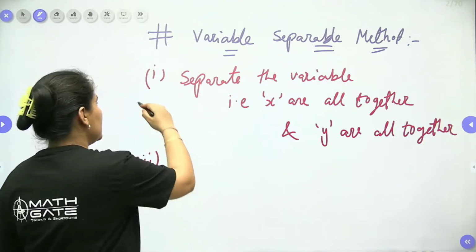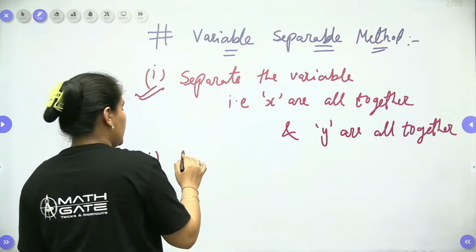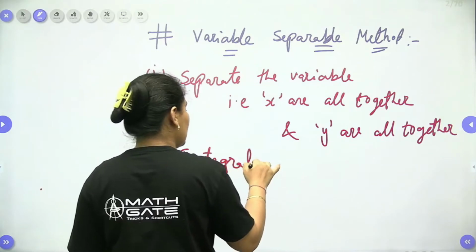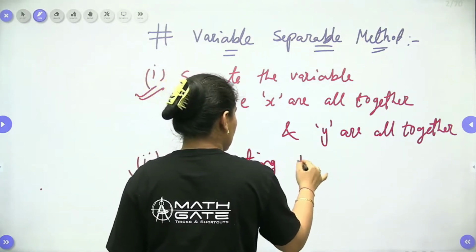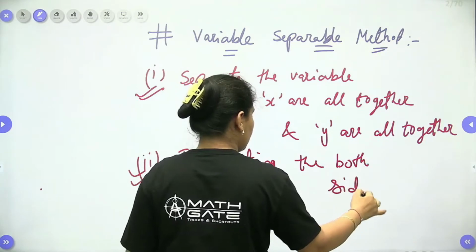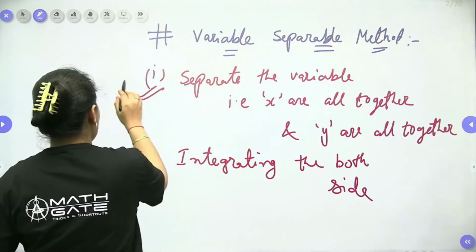So the first thing is to separate the variables, and the second thing is you have to integrate both sides. By integrating both sides, you will get the solution, dear students. There are only these two steps which you have to follow for the variable separable method.